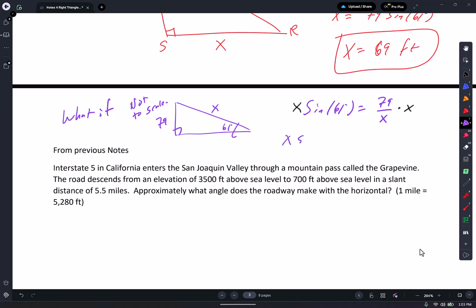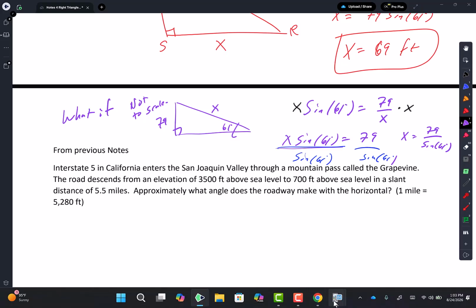So now I have X sine 61 equals 79. And then how do I get X by itself? Yeah, divide that by sine 61. So X equals 79 divided by sine 61 degrees. So let me see what that is.